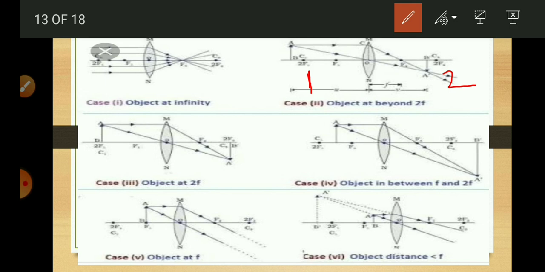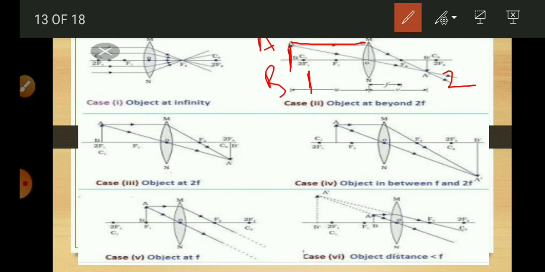We need to select any two rays out of the three rules. So the first rule is what? The ray which is going parallel to the principal axis, after refraction passes through the focus. So this is the first ray, we are taking it from the point A. So this is the object AB. We are taking the light rays from point A.